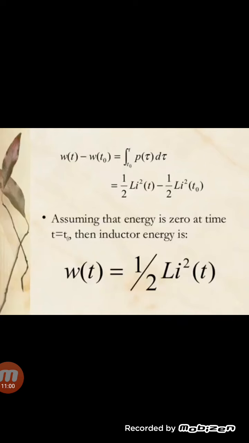Assuming that energy is zero at time t equal to t naught, then the inductor energy is the electrostatic energy, right? W(t) is equal to half L i squared of t.